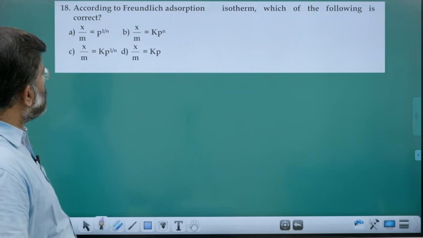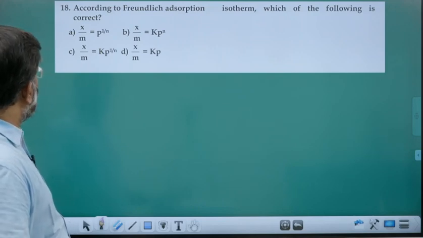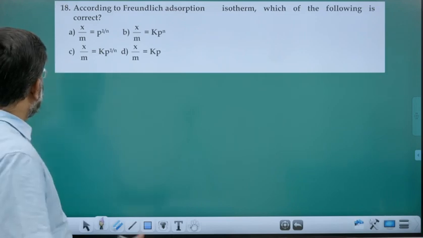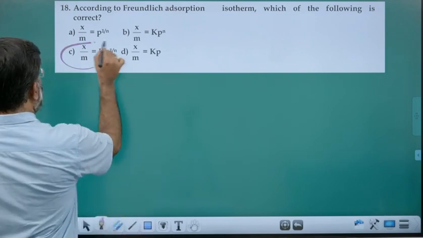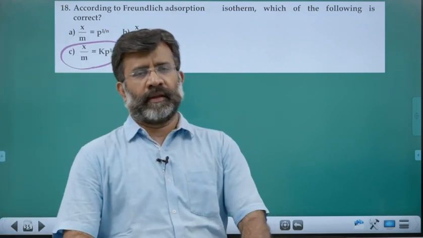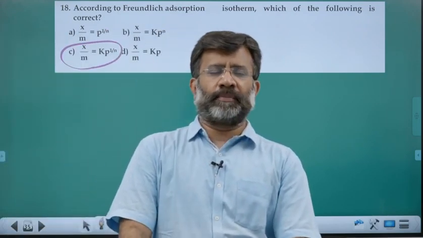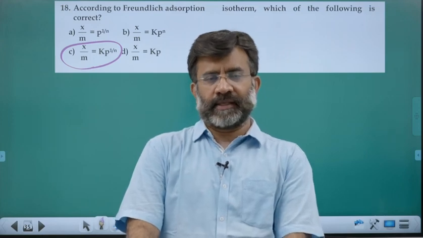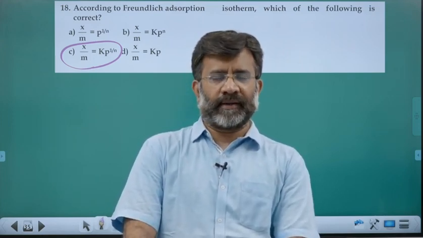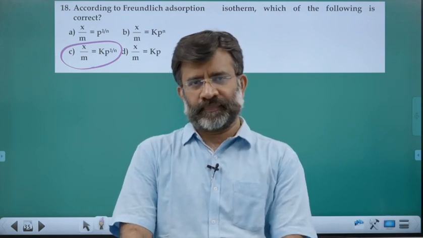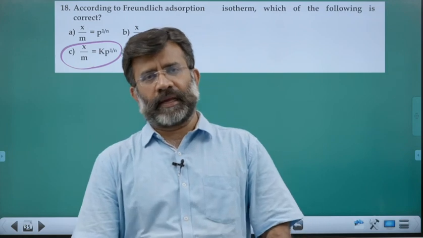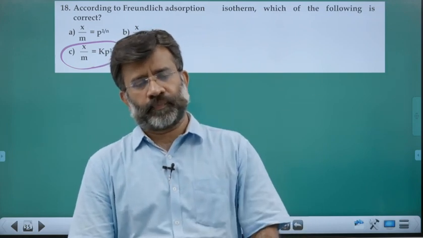According to Freundlich adsorption isotherm, which of the following is correct? Option C, x by m is equal to Kp raised to 1 by n, where x is the amount of adsorbate, m is the amount of adsorbent, K is a constant, and P is the pressure, and the power of P will be lying between 1 and 0.